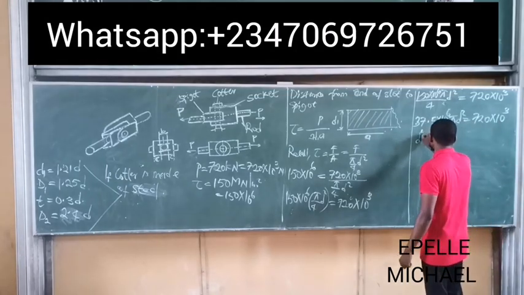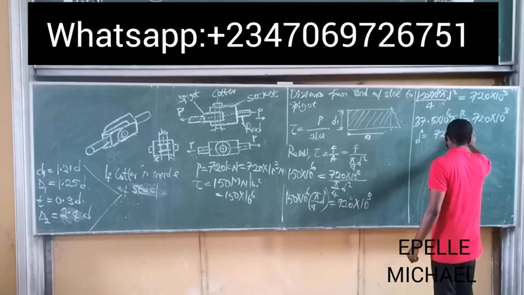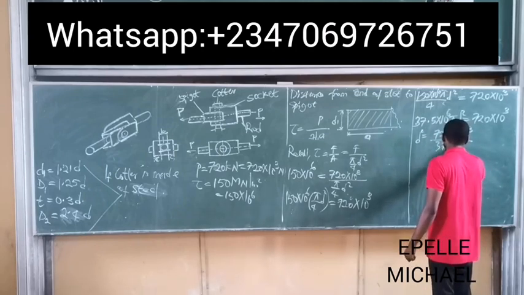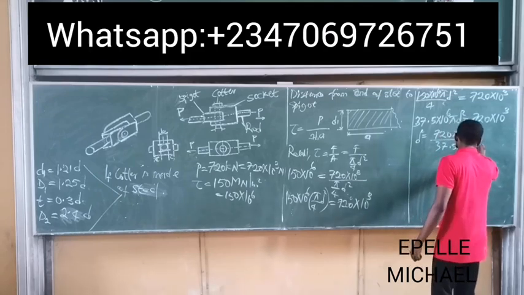So from here we can make d squared the subject. D squared is now equal to 720 by 10 to the power of 3 all over 37.5 by 10 to the power of 6 pi.